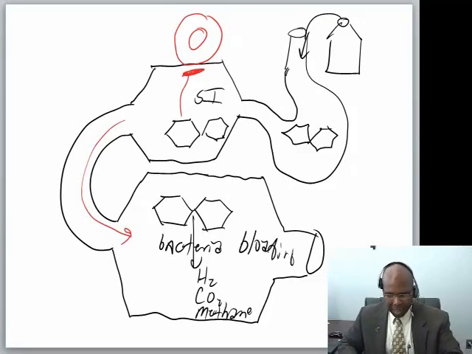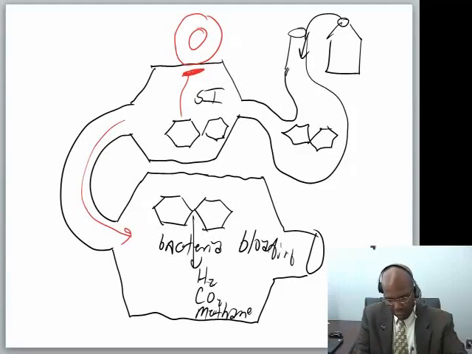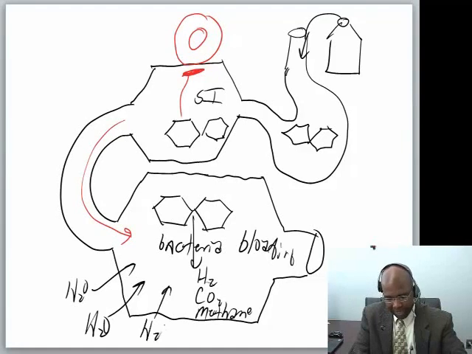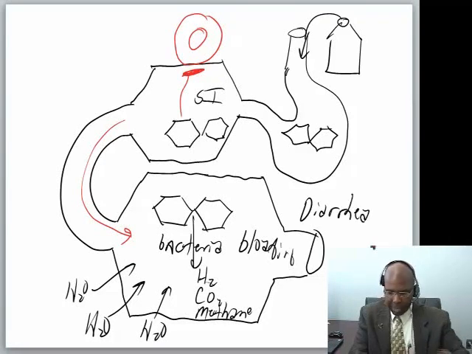Also, because of osmotic pressure, if you have all these sugars here, sugar is a solute, of course, and so lots of water is going to follow those sugars into the large intestines, and so you're going to have extreme diarrhea. I never know how to spell diarrhea, but I think that's it.